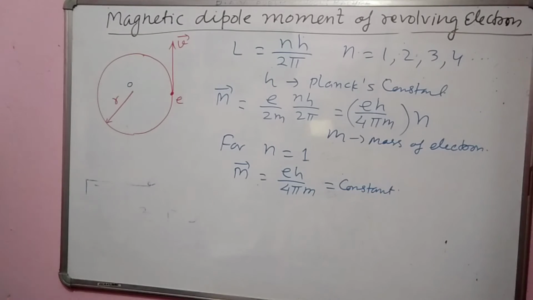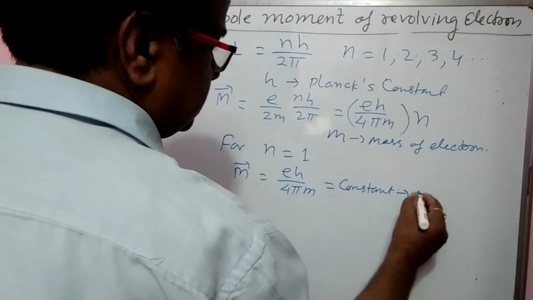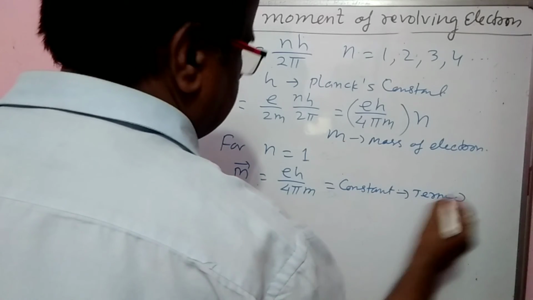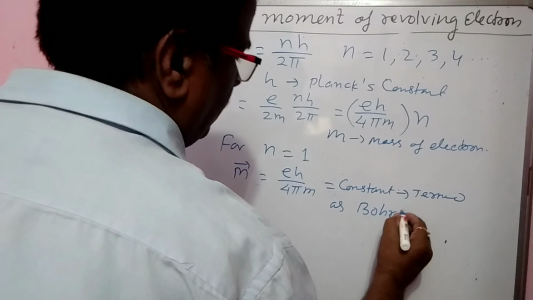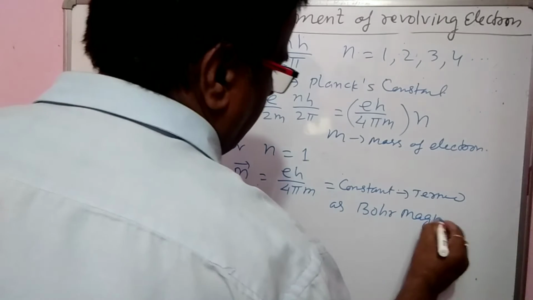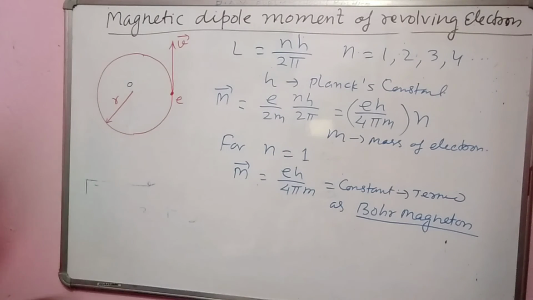This constant is termed as Bohr magneton. Bohr magneton is nothing but the magnetic moment of the electron in the first orbit of hydrogen atom.